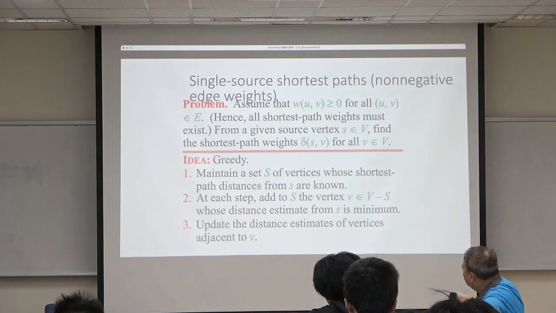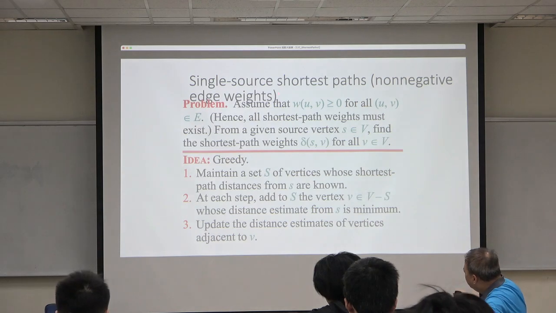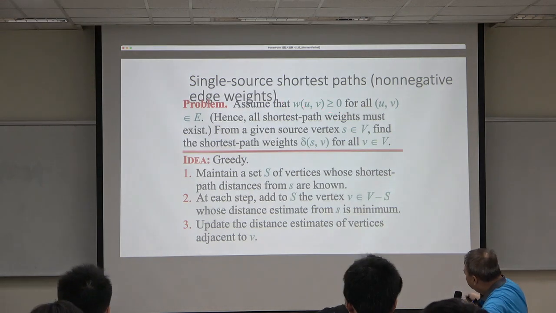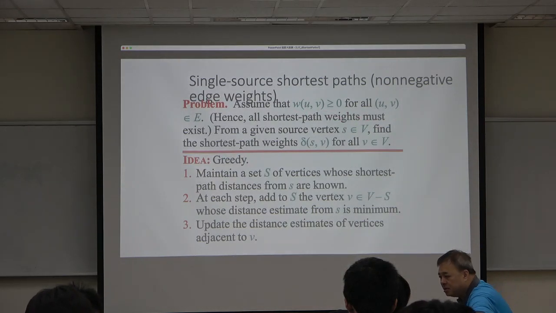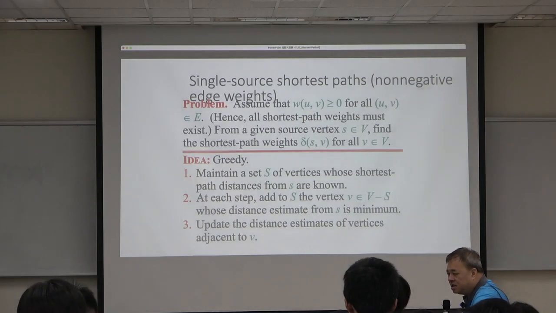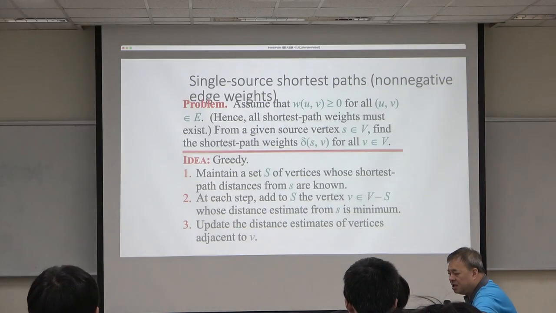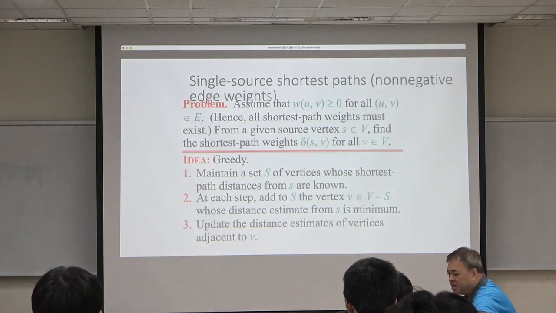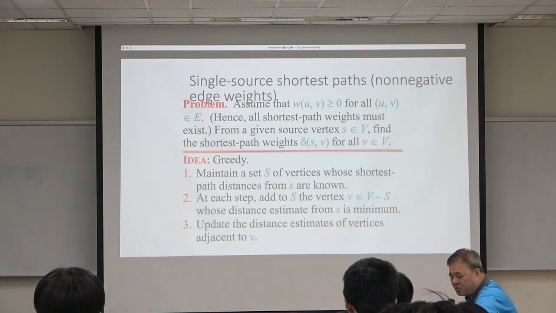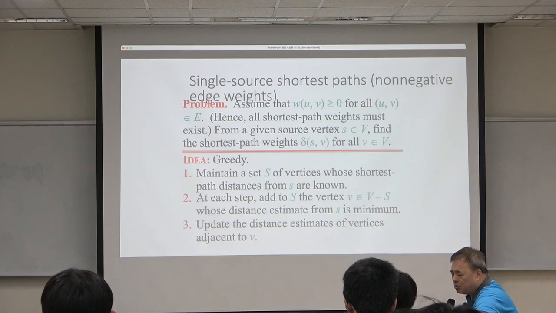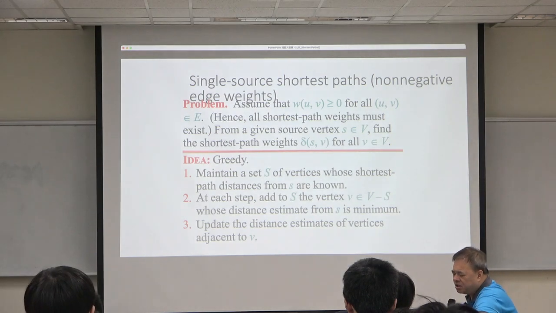In this problem, we assume that the weights for all the edges are greater than or equal to 0. So this is a simplified scenario. In such a case, obviously, there's no negative weight cycle, because every edge has weight greater than or equal to 0.